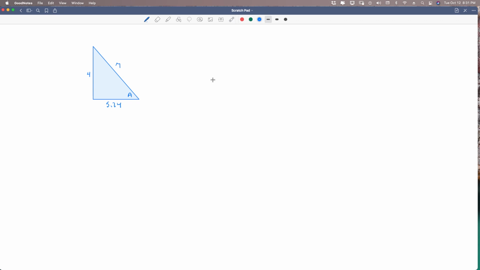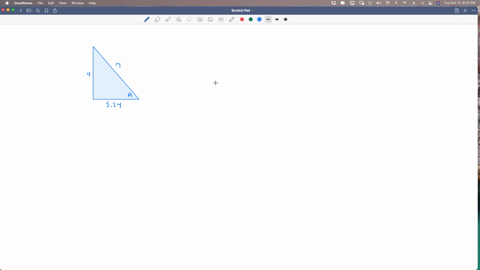So let's look at the first triangle. We have two more after this. And we're going to use our mnemonic SOHCAHTOA to help remember the definitions of sine, cosine, and tangent. And we'll use a calculator to do the divisions.